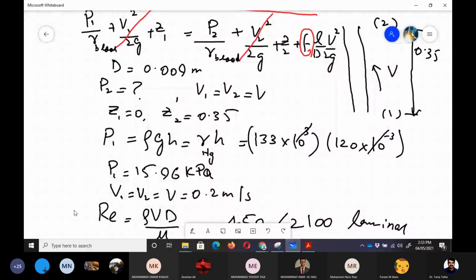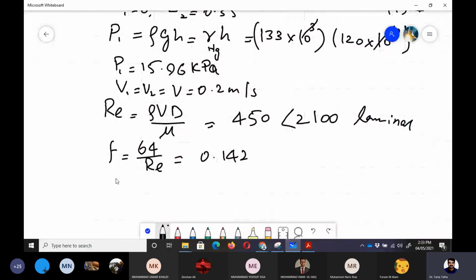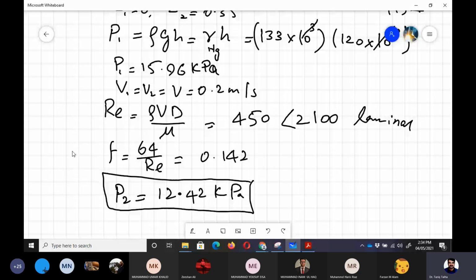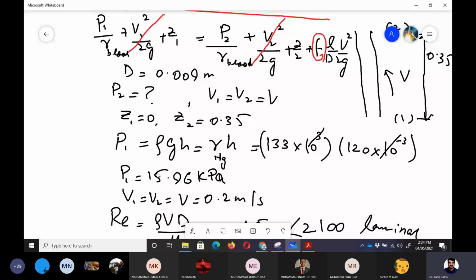If we put in all the values which I have just told, all the values that need to be incorporated in that equation, then P2 comes out to be 12.42 kilopascal. So P1 was equal to 15.96 and P2 is 12.42 kilopascal.